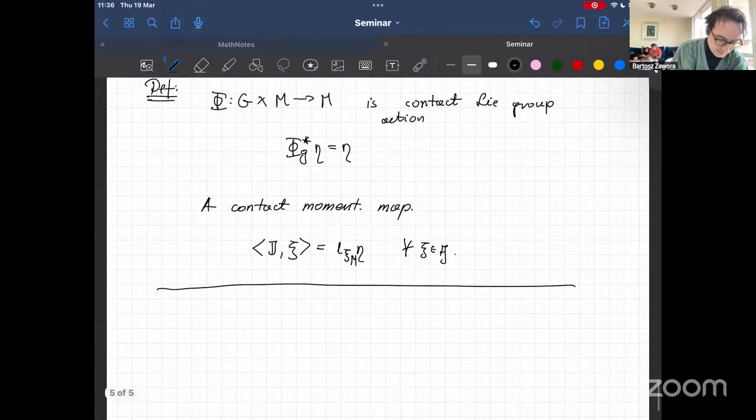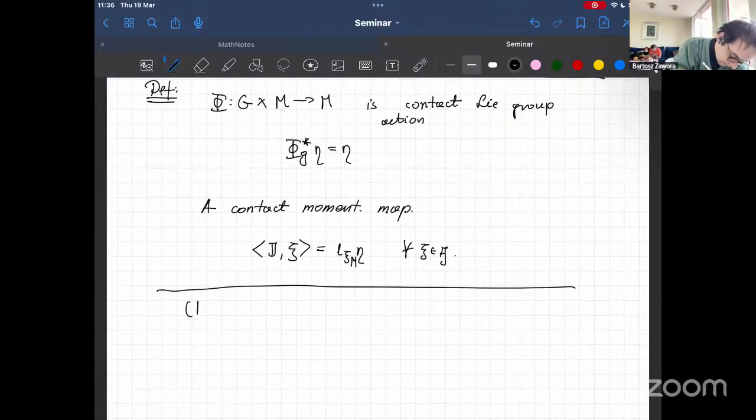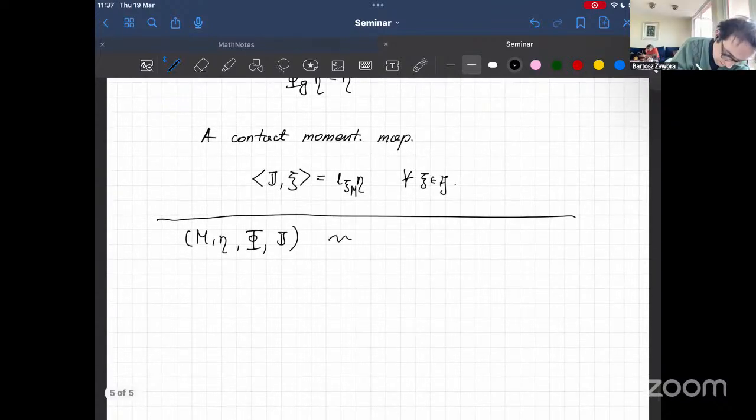So basically, starting from a contact manifold with a contact Lie group action and a contact momentum map, since we know how it works in the exact symplectic setting, we want to extend to it.